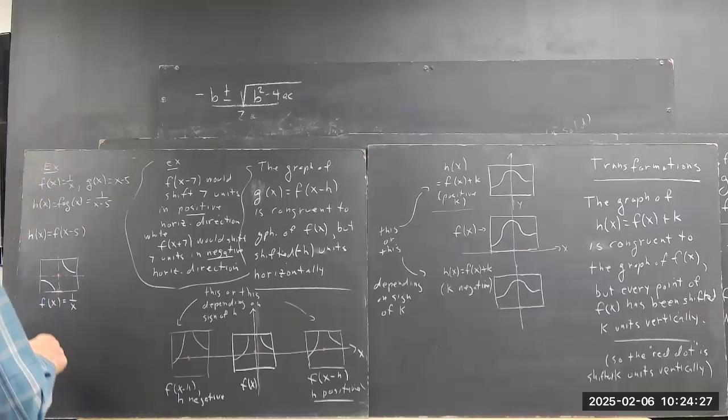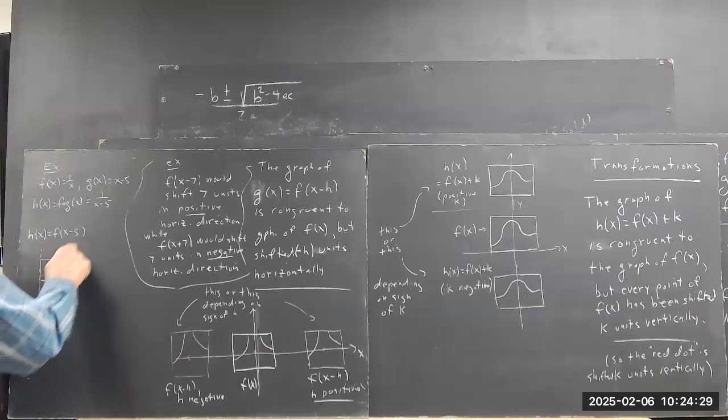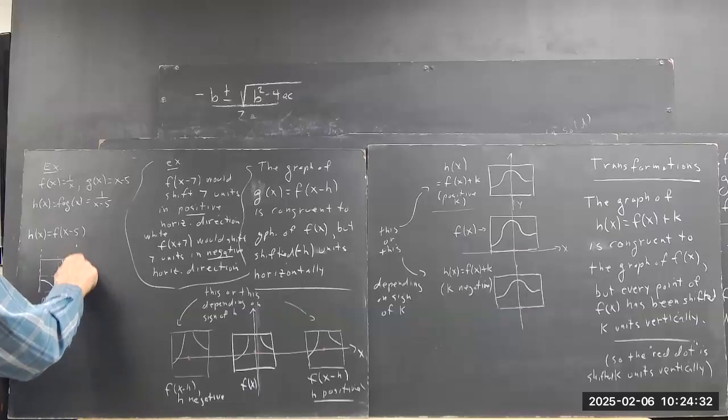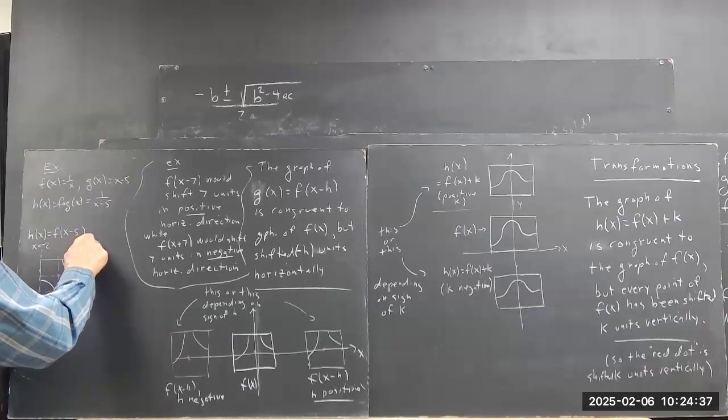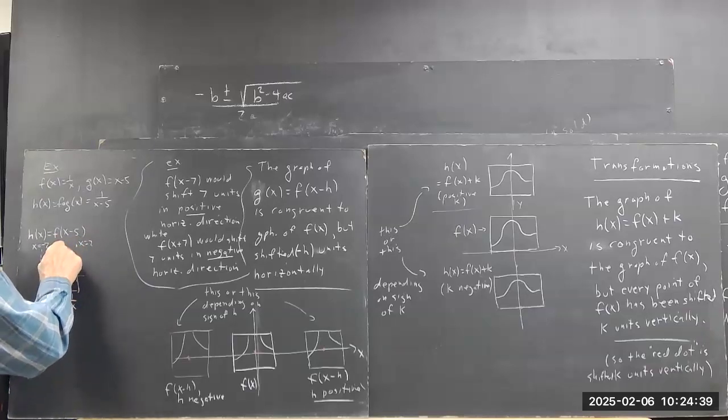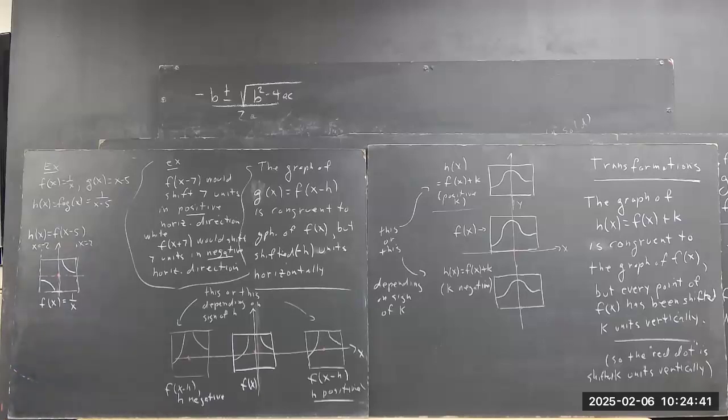Here's where x equals -2, here's where x equals 2. And of course, you've got y equals -2 down here and y equals 2 here. So I might as well label those. Okay, so that kind of defines the window for this particular graph.